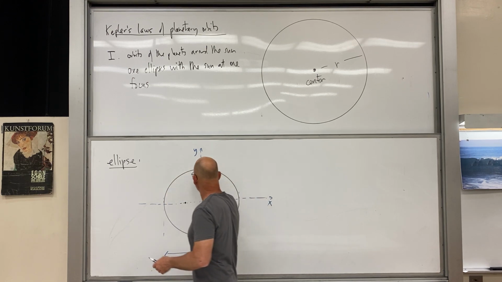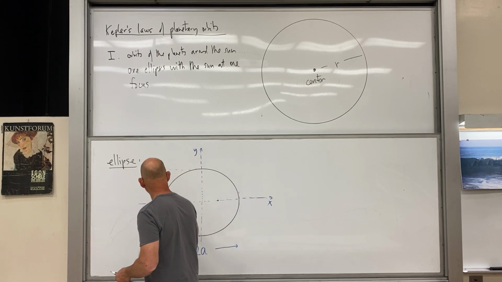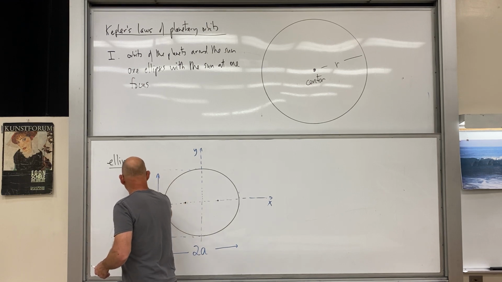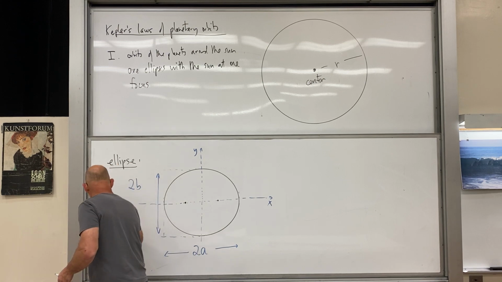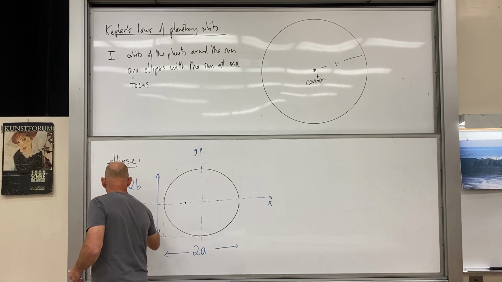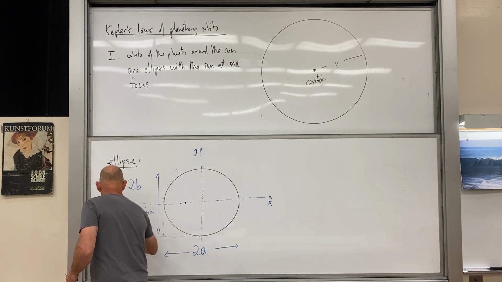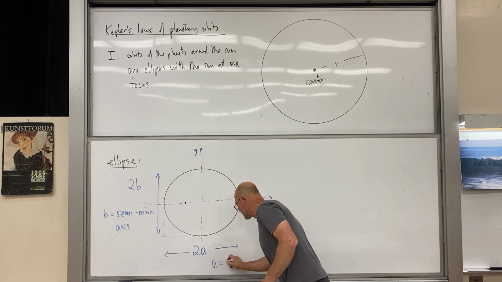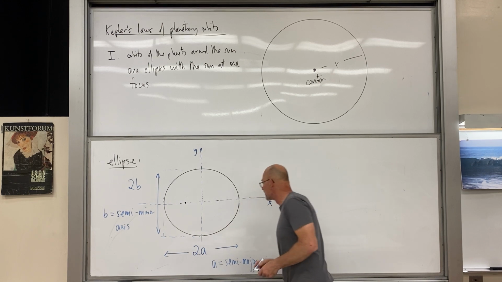And this here is 2 times B. So B is the semi-minor axis, and A is the semi-major axis.